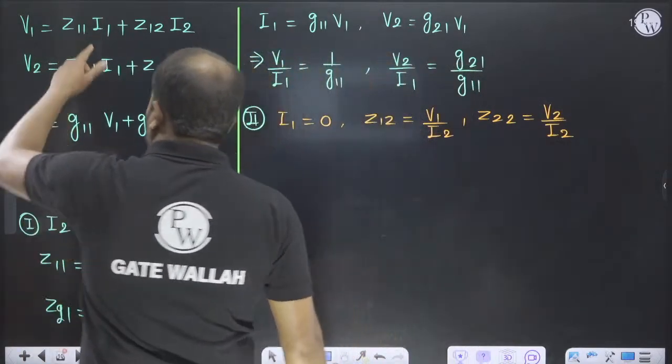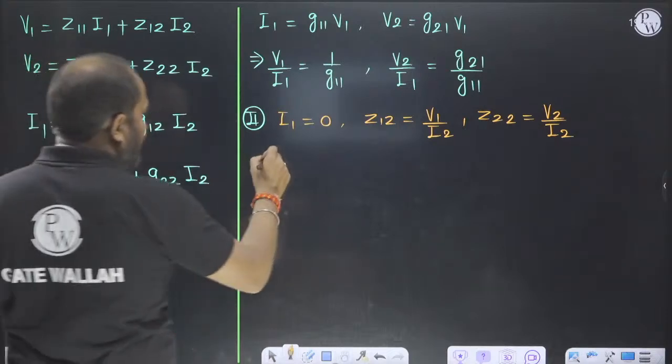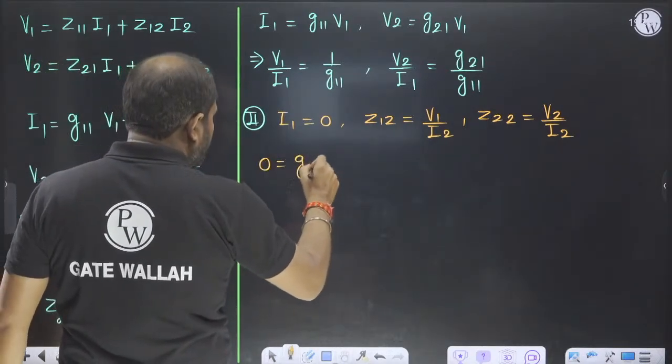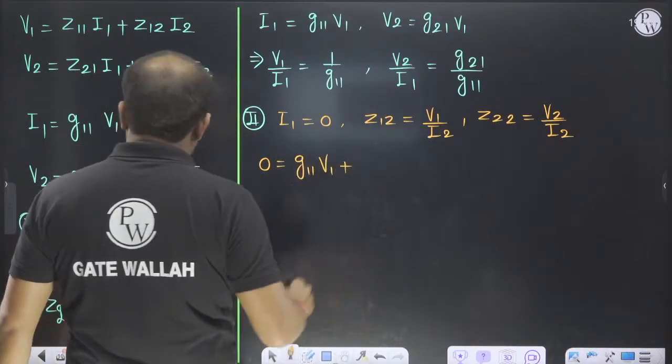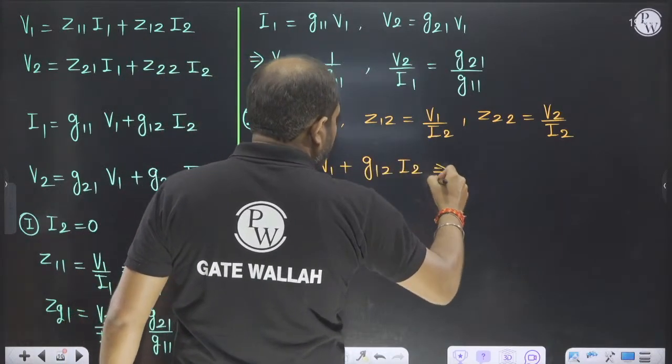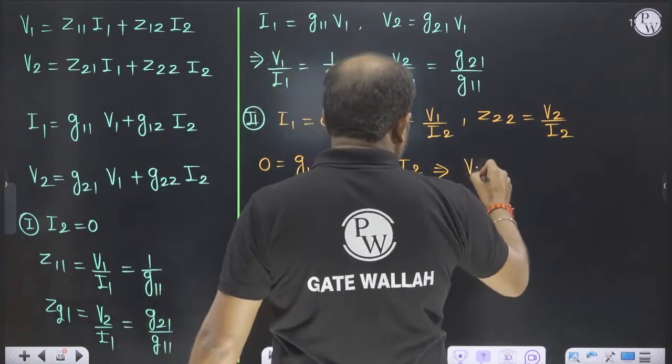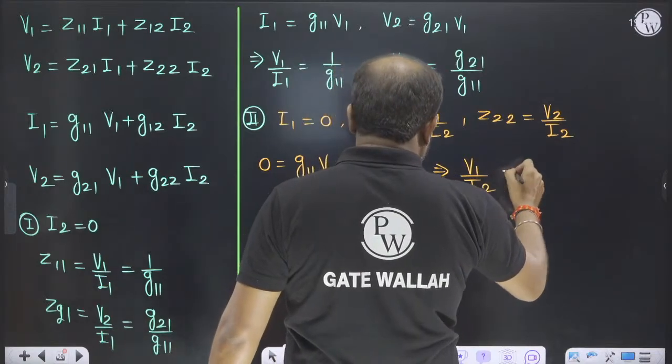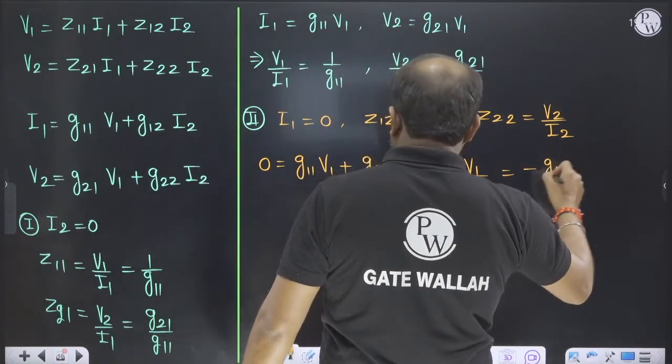I will make I1 equal to 0, that means G11 V1 plus G12 I2. So V1 by I2 will be equal to minus G12 upon G11.